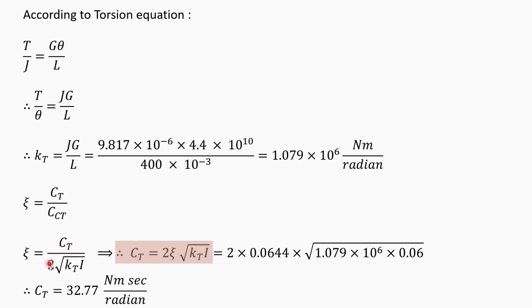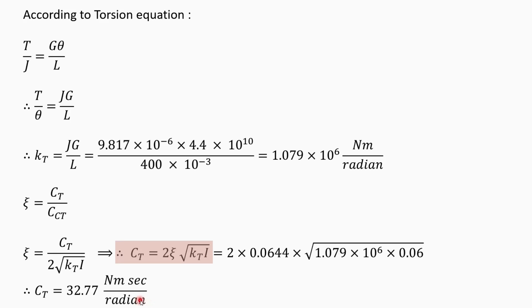Substitute the value 2 as it is, zeta is 0.0644 multiplied by square root of 1.079 into 10 raised to 6, and I is 0.06. So the value of damping coefficient comes out to be 32.77 Newton meter second per radian.